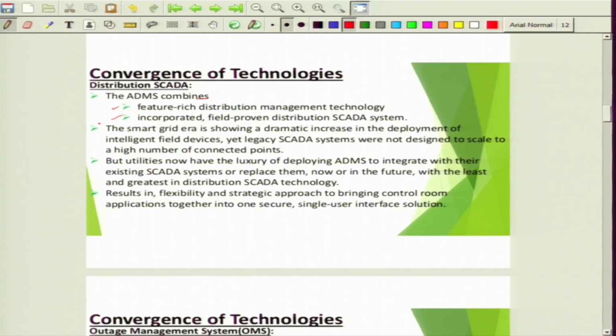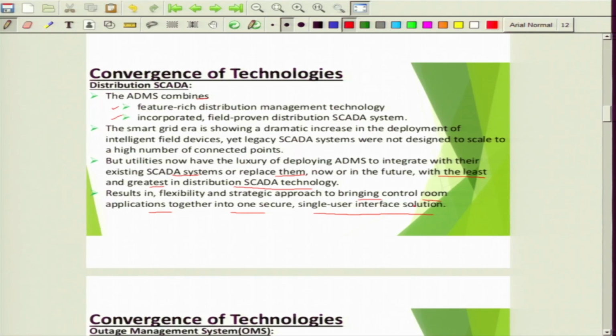But utilities now have the luxury of deploying ADMS to integrate with their existing SCADA systems, or replace them now or in the future with the latest and greatest in distribution system SCADA technology. This results in flexibility and a strategic approach to bringing control room applications together into one secure single user interface solution.